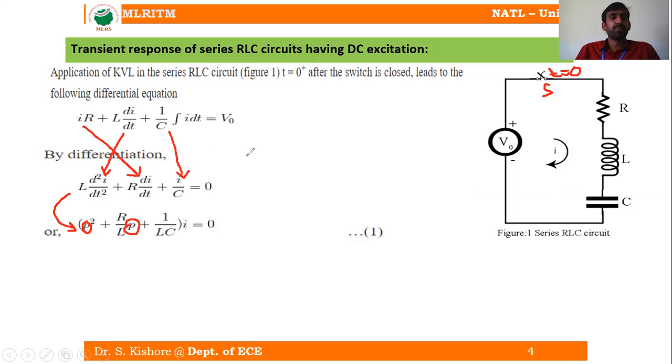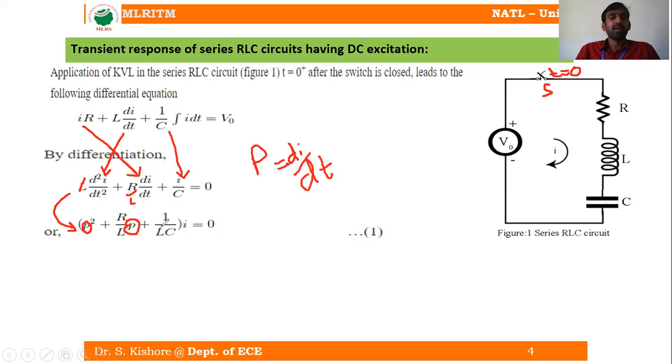If I consider P as d by dt, the first order derivative, I can write d square I by dt square as P square. So P square plus, taking L as common, R by L over here, R by L into di by dt is P, plus I by C.